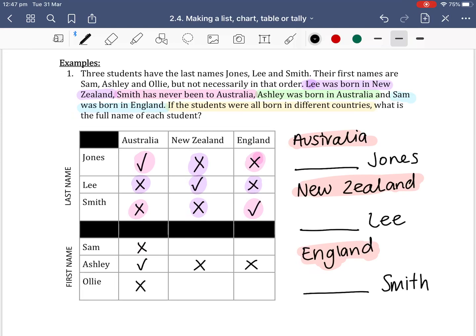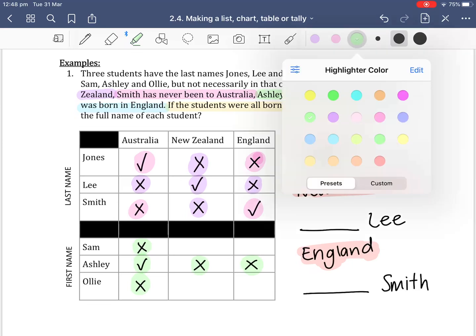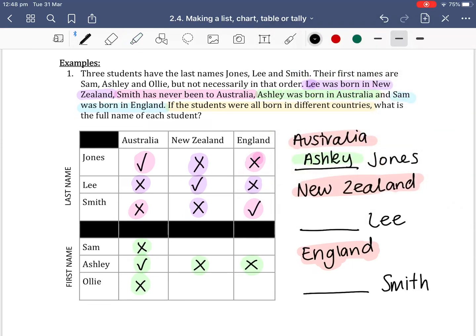And that means that Sam and Ollie were also not born in Australia because only one person can be. So we got this green bit of information from here. And we can also write in that Ashley is born in Australia. So it is Ashley Jones.